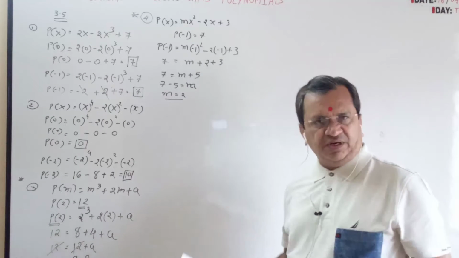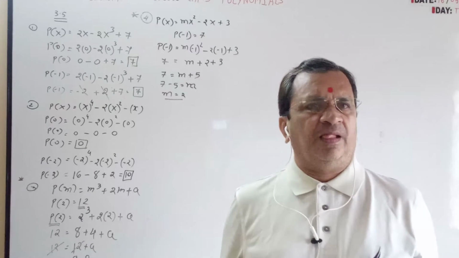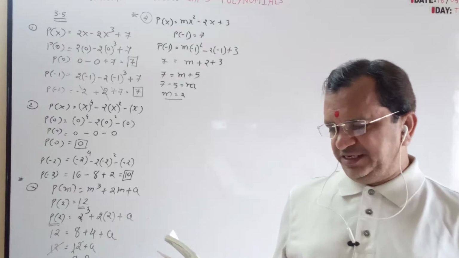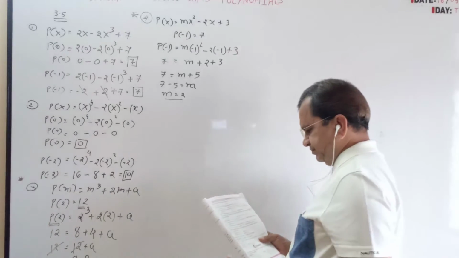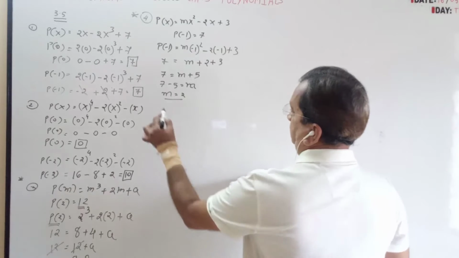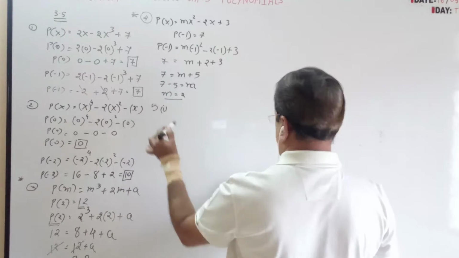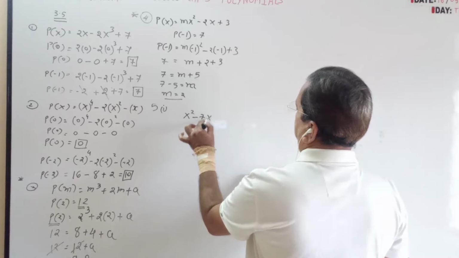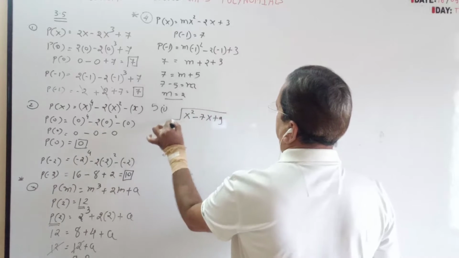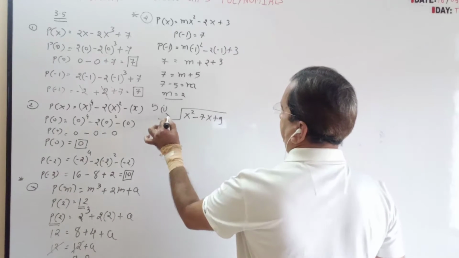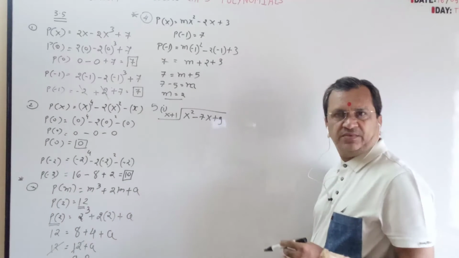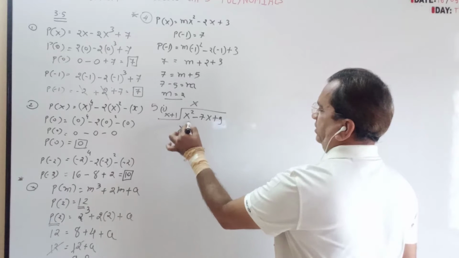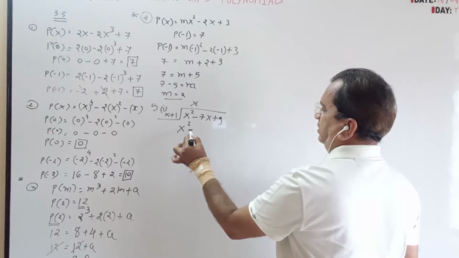Divide the first polynomial by the second polynomial and see if it is a factor or not. So x square plus 7x plus 9, if it is divided by x plus 1: x square divided by x, so x into x, x square, x into 1, x.